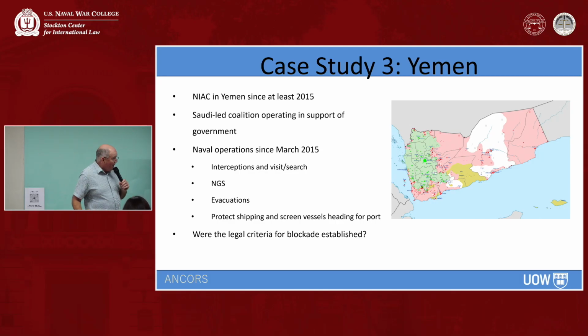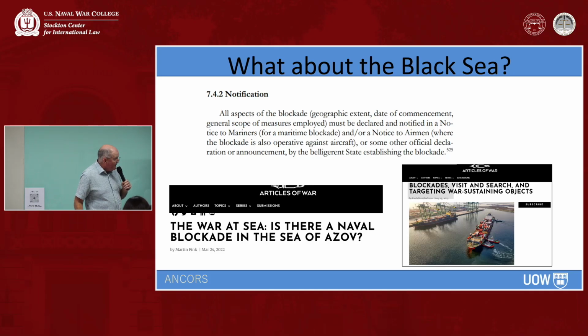And then the fourth one to quickly have a look about is, well, the Black Sea, in terms of what does it require as well. And so a couple of our colleagues who are here with us today have written a little bit about that and questioned whether there has been a blockade at all in both the Black Sea and also in the Sea of Azov.